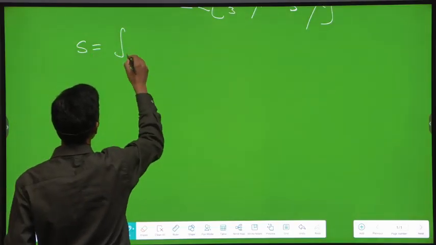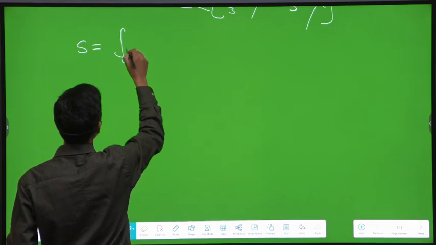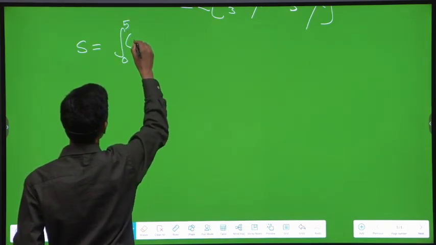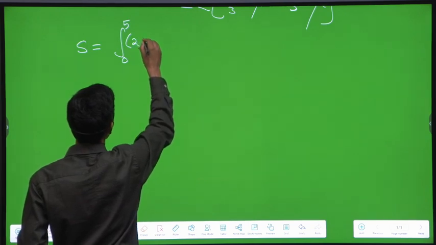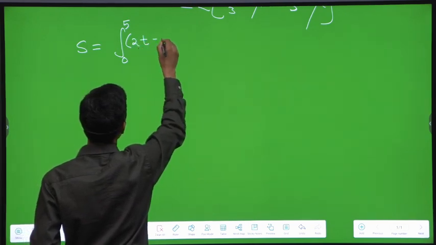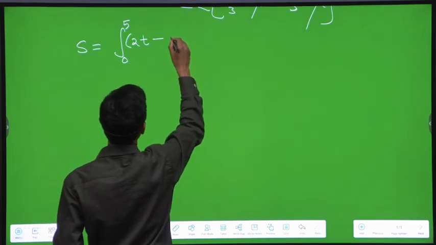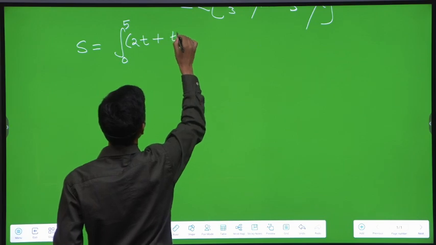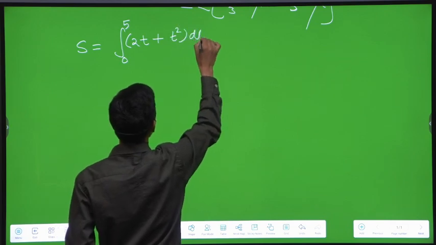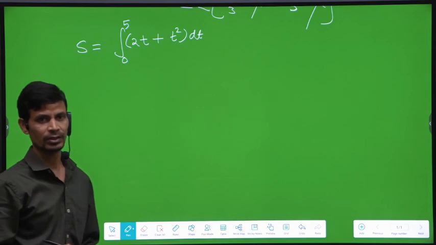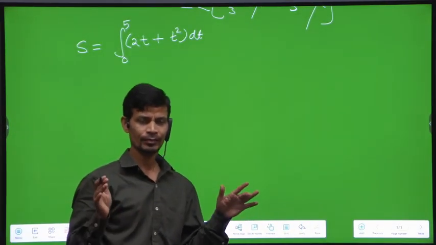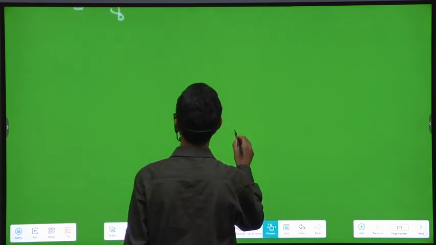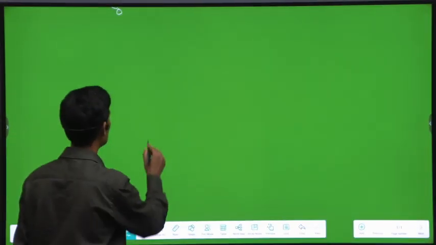S equal to integration 0 to 5 of 2t plus t square dt. You can give it a try. So here before ending this video, I will give you a brief idea of this chapter.